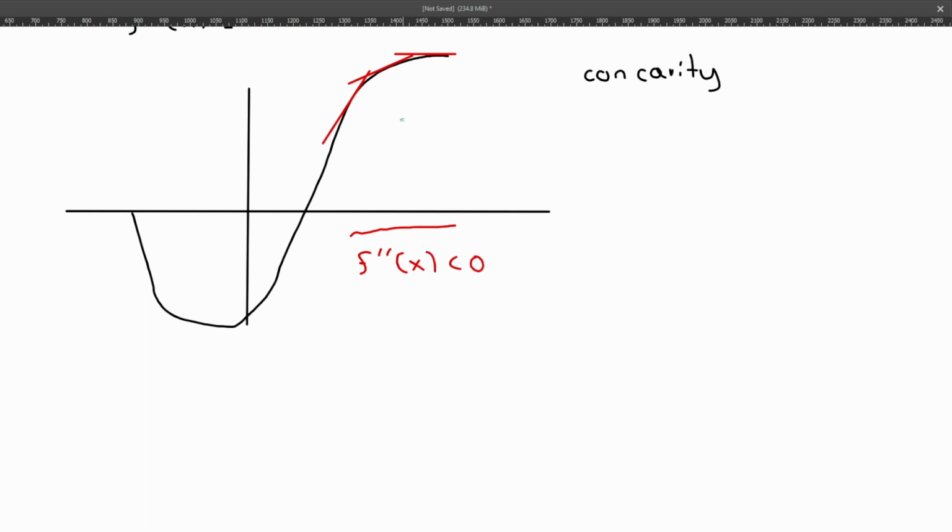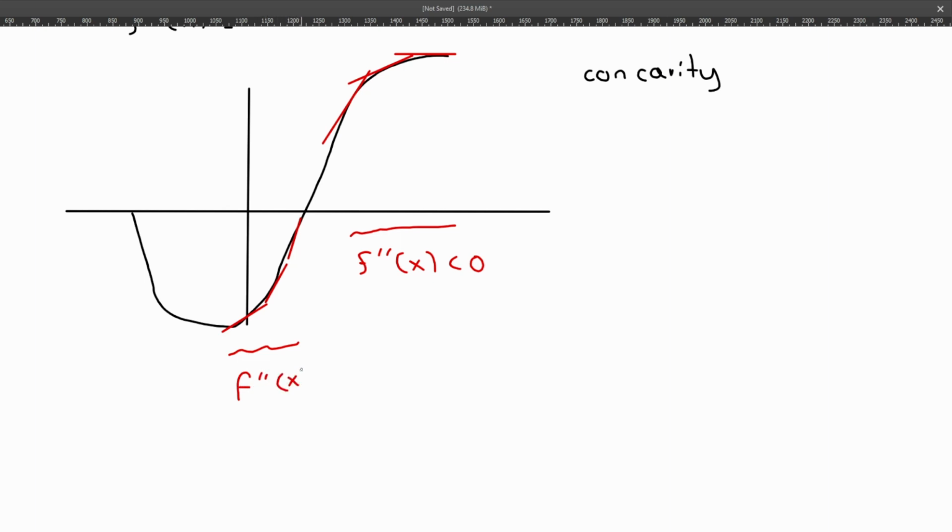But if you look at this region, for example, we see that the slopes of the tangent lines are increasing. So in this region, we can see that the second derivative of our function is positive.